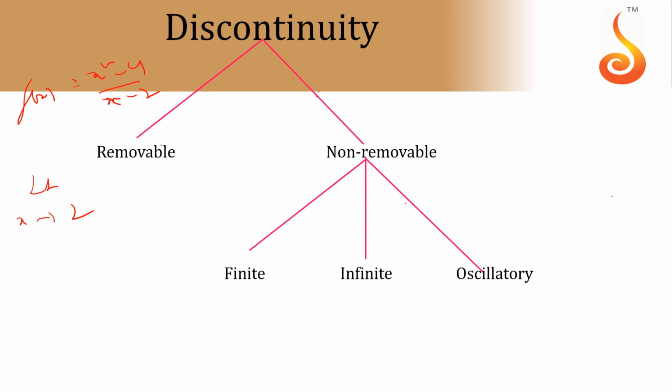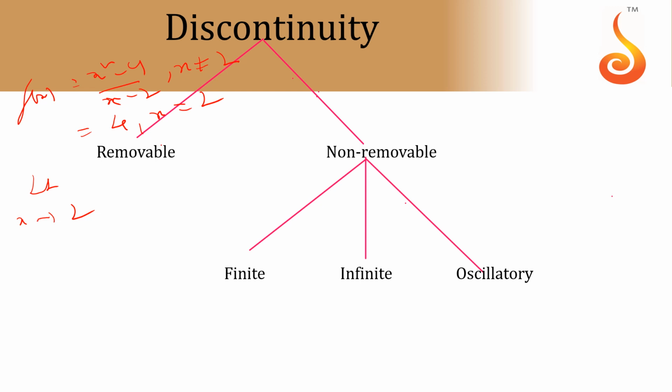So at 2, if the function is not defined, we will say it is discontinuous. But if I give one more definition for the function, that it equals 4 when x equals 2, then it will become continuous. So there was a discontinuity which I removed.